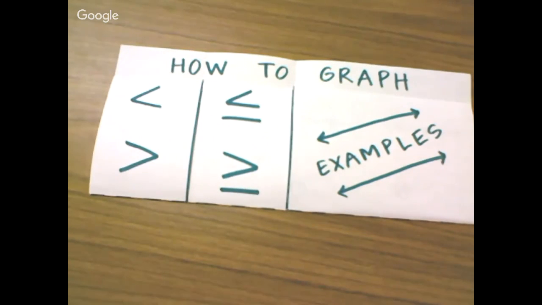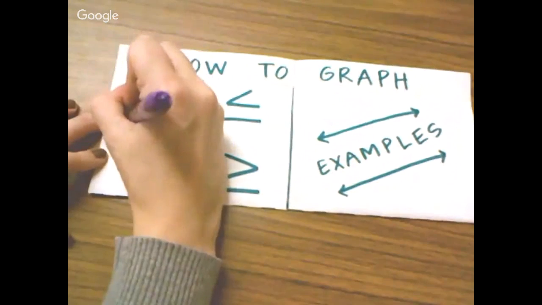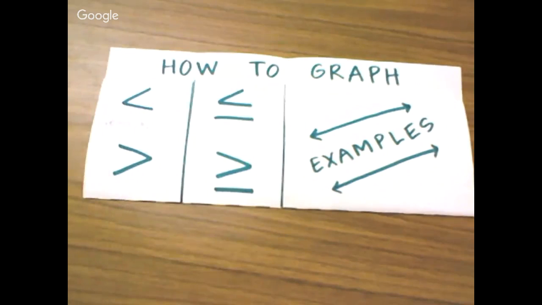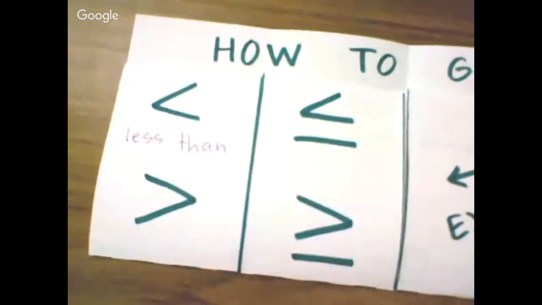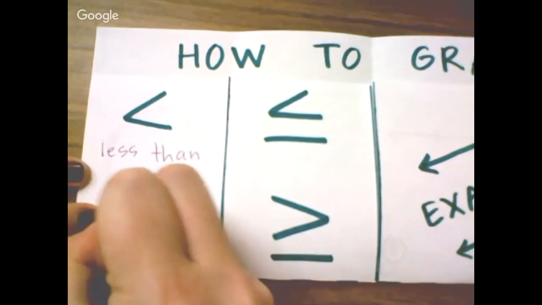So we're going to talk about those basics of an inequality. The first thing, we need to look at our symbols. If it's going in this direction, this is a less than symbol. All right, in the other direction, this is a greater than symbol.